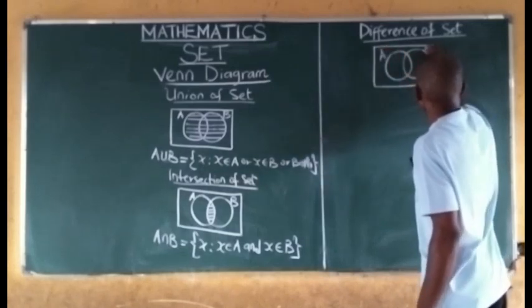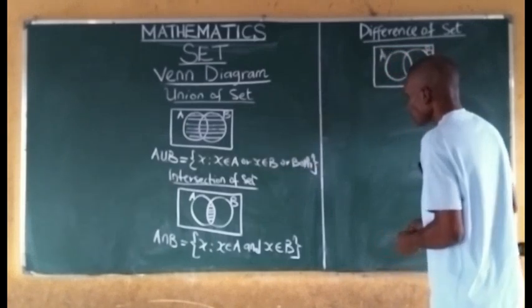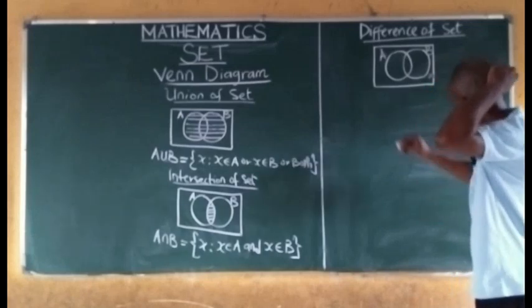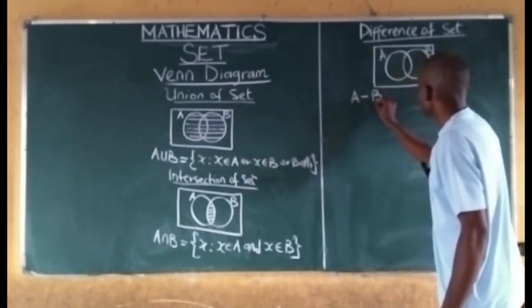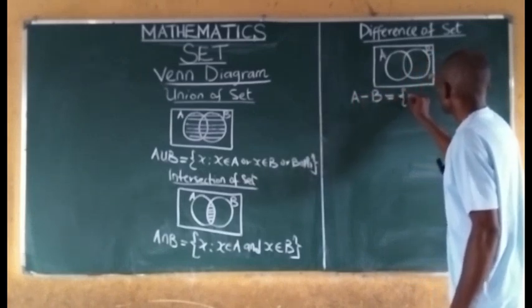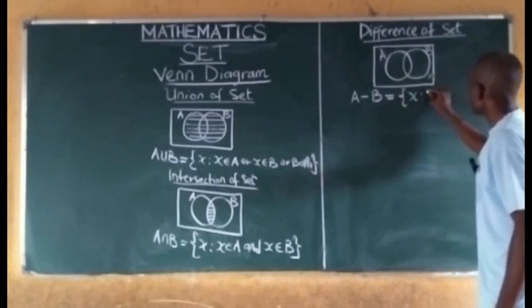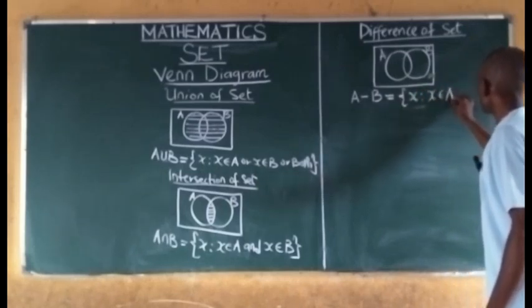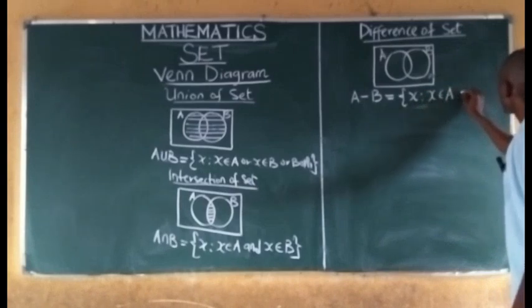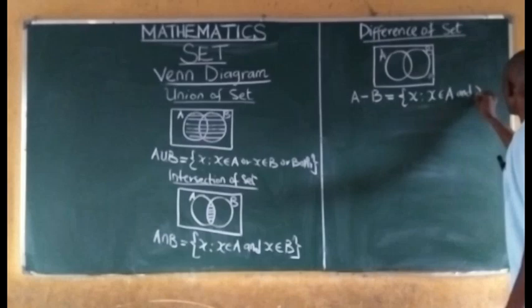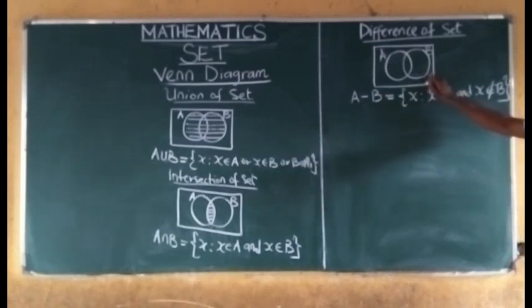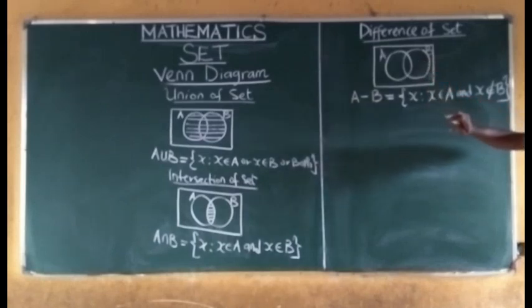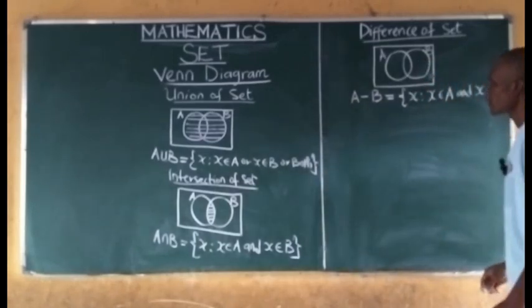If this is A and this is B, it can be represented in this form. A difference B is equal to X such that X is an element of A and X is not an element of B. So this is how the difference of sets can be represented.